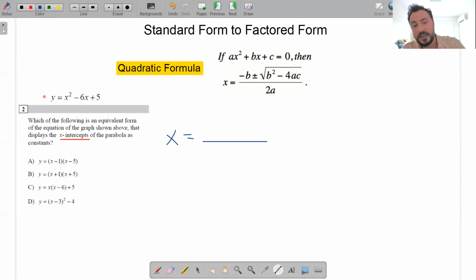My b, we said, is negative 6, so it's going to become just 6 plus or minus the square root of b to the power of 2, which is 36, minus 4 times 1 times 5, all over 2a. A is equal to 1, so just 2.